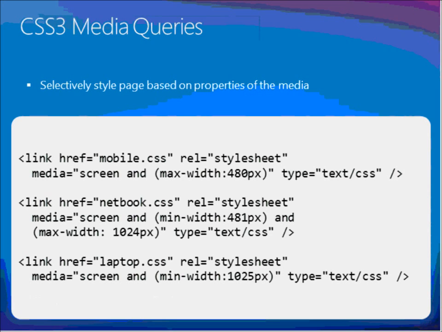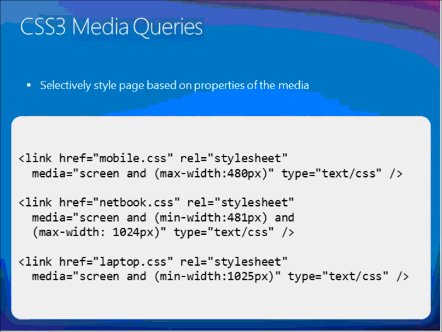CSS3 Media Queries is another new feature of Internet Explorer 9, and it allows you to selectively style pages based on properties of the media or of the experience that the user is coming in on. In the example I've got on screen, I've provided a style sheet called mobile.css that is for screen with a max width of 480 pixels.